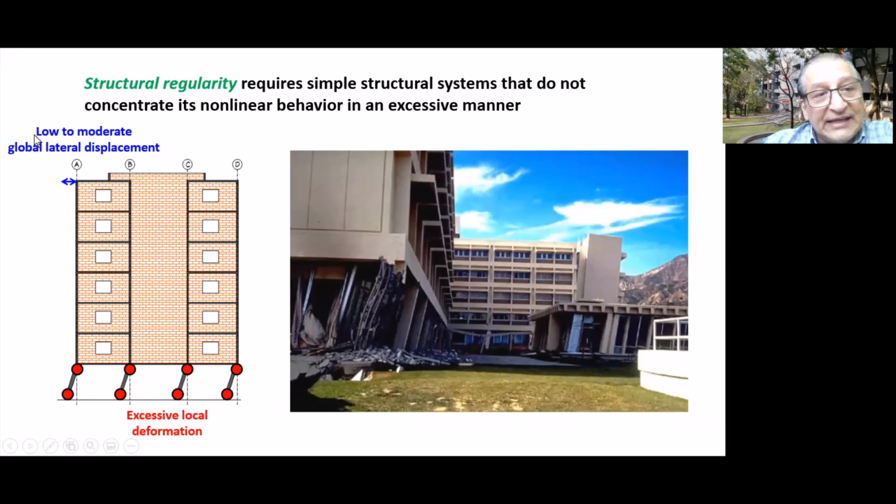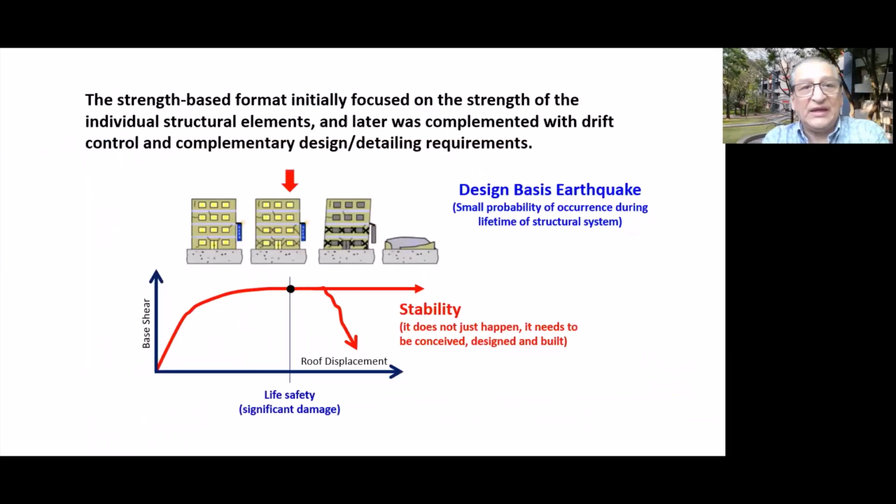What that means is that at low to moderate global lateral displacements, there's very heavy damage in a few structural elements, and as a result, at this low level of deformation, the structural stability is compromised. And that goes far from what we're trying to do, which is provide stability to the structural system.